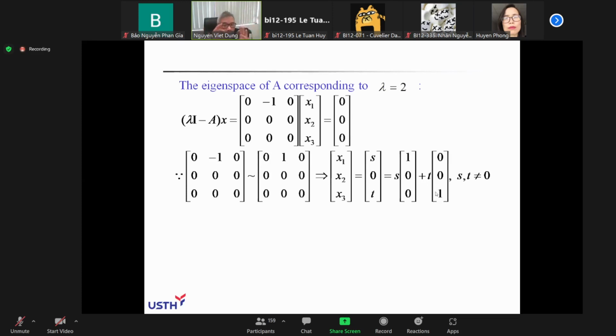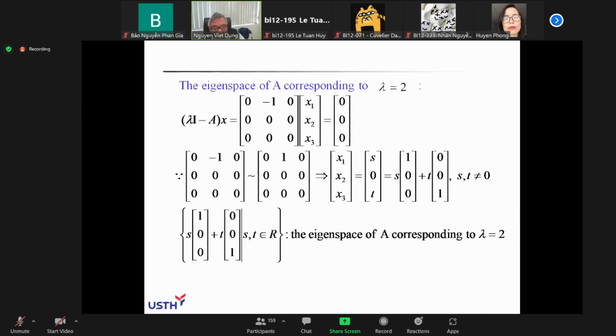And because we are looking for an eigenvector, we require that s and t are not both zero. Also, those vectors are linearly independent, so the eigenspace of A corresponding to lambda equal 2 will be something like that, for any s and any t in the real numbers.